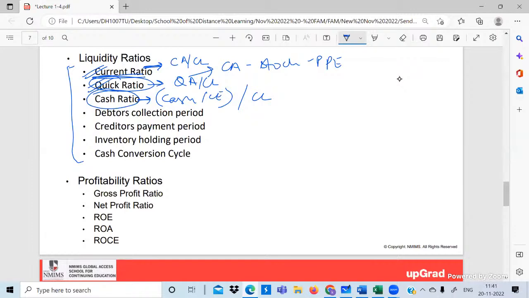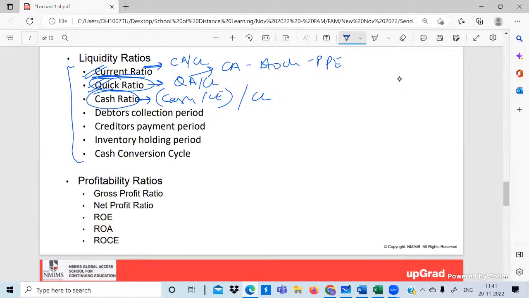So they're cash equivalents, which means you can sell them and get the money quickly. Typically you look at things like commercial paper, T-bills, money in the bank, maybe your FDs, fixed deposits, all of that. That is what will come in the numerator, cash and cash equivalents, and you'll divide it by the current liabilities. So that's the cash ratio.